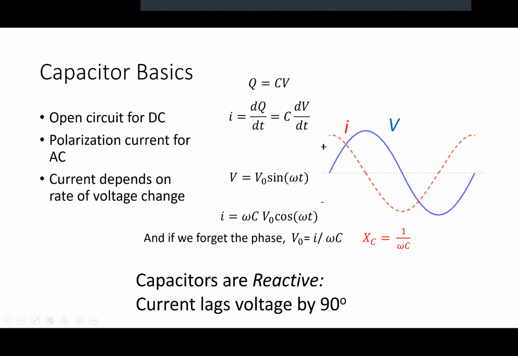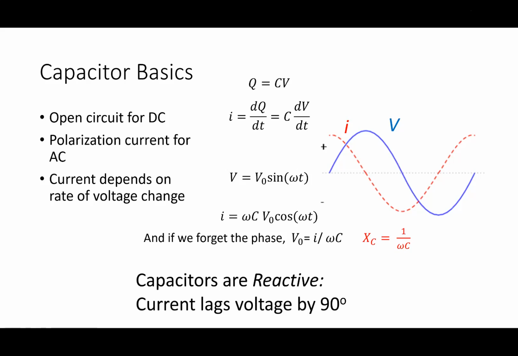So at this point, the current is a maximum, and at this point, the current goes through 0. And what this means is that if you apply a sine wave, the current goes as a cosine wave. It is 90 degrees out of phase with the voltage. We say that current lags voltage by 90 degrees in a capacitor.